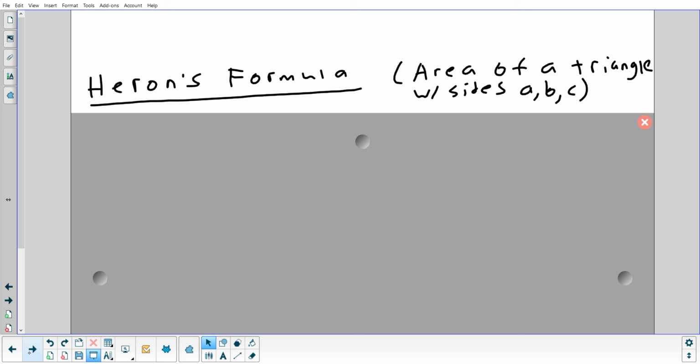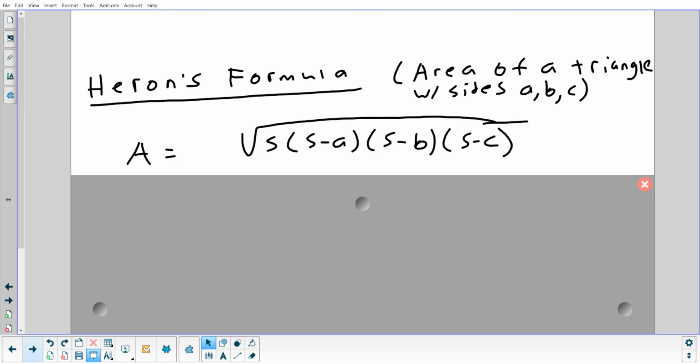How you get this formula uses law of cosines. So that's the connection to what we're doing now and what we just did. That is another formula for the area of a triangle. And notice there's no angles. So this is a formula you can use if you know all the sides of a triangle.